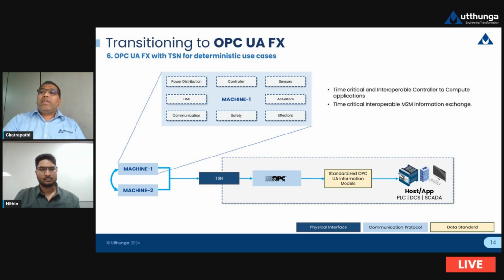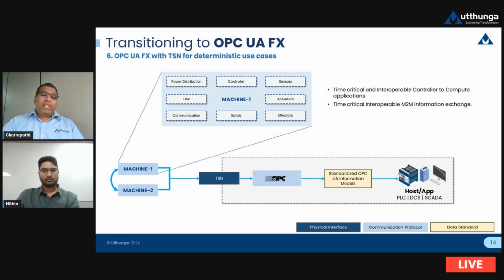So all the time critical and interoperable controller to controller applications can function directly, and any time critical machine to machine data exchange also becomes possible here.